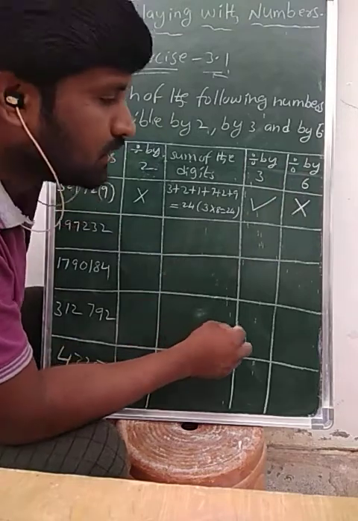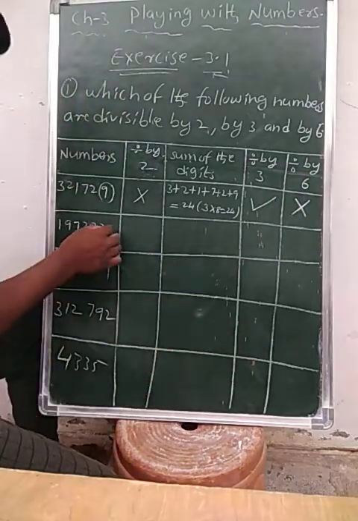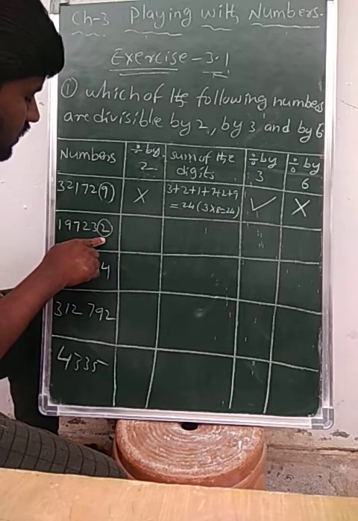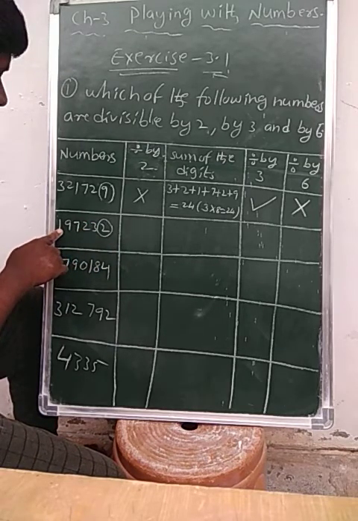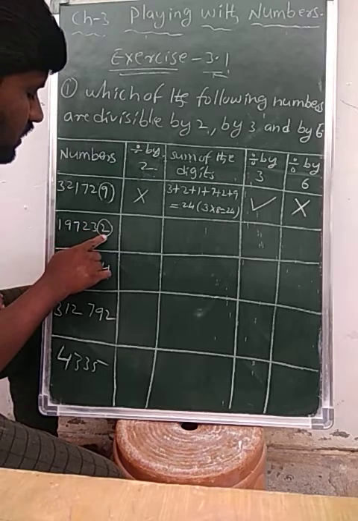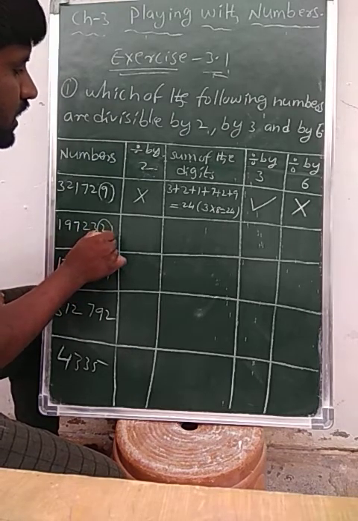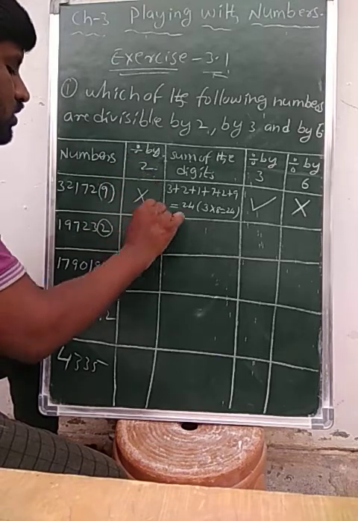Okay. Next, coming to the next number. What is the ones place digit of the number 1,97,232? The ones place digit is 2. It should be divisible by 2.